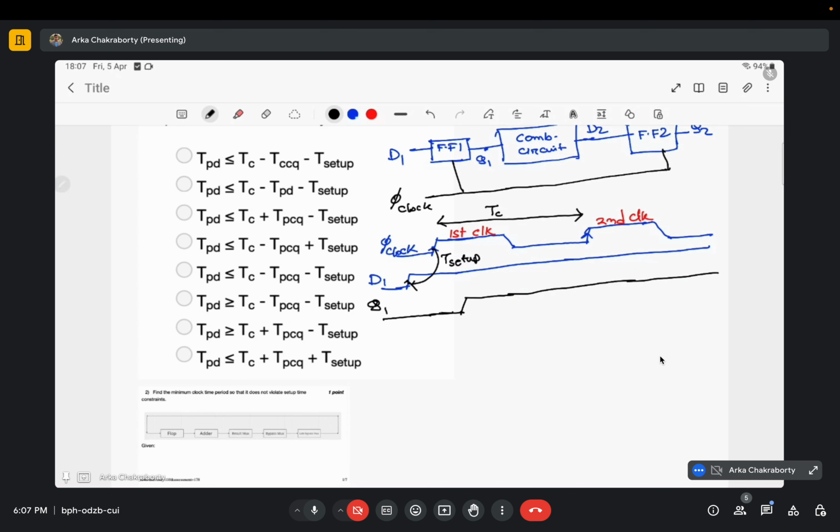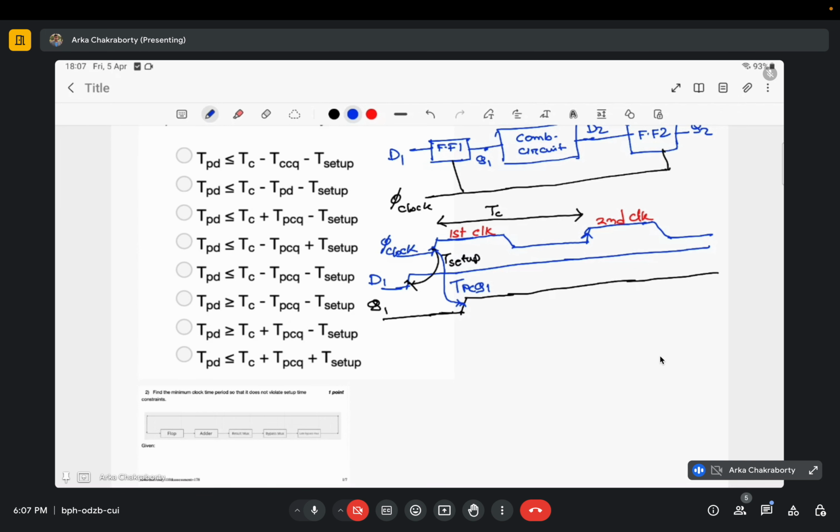And what is this delay from clock to Q called? It is called clock to Q delay, right? And as we are considering the worst case delay, here it would be the propagation clock to Q delay. So this one would be nothing but T propagation clock to Q, to be precise, Q1.